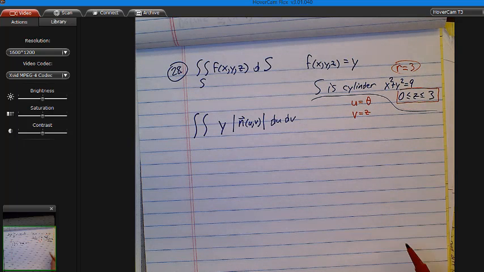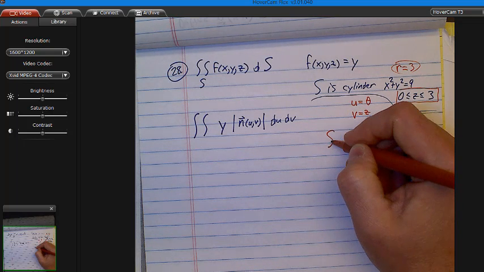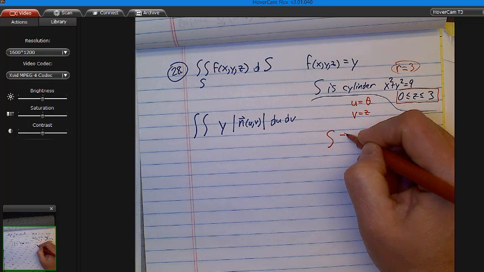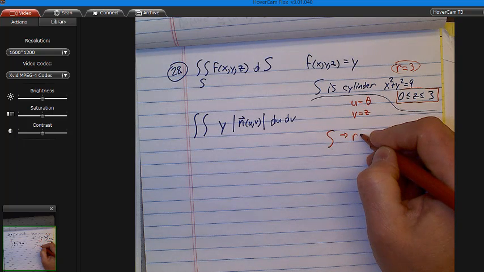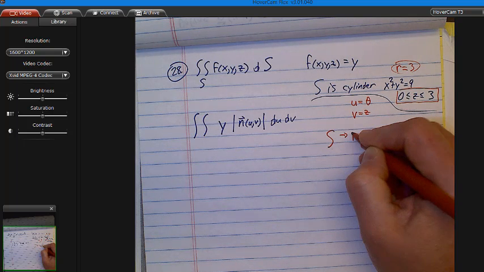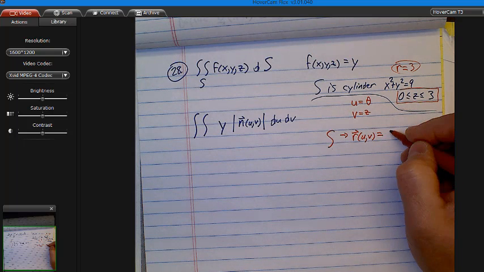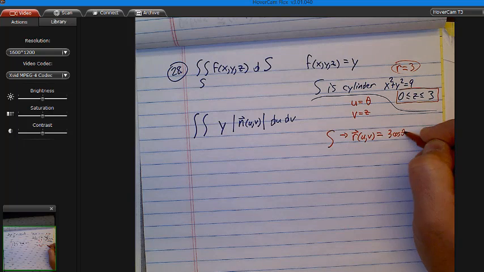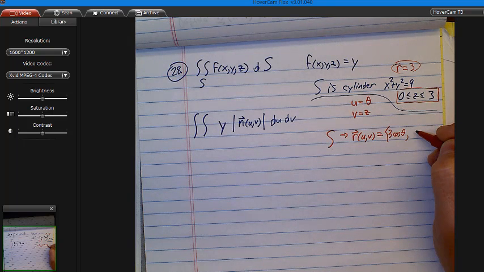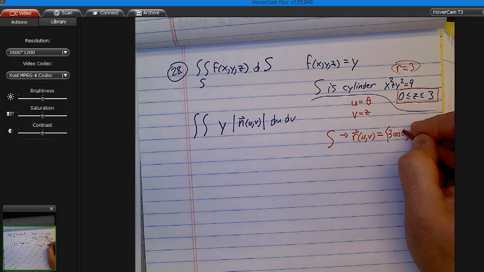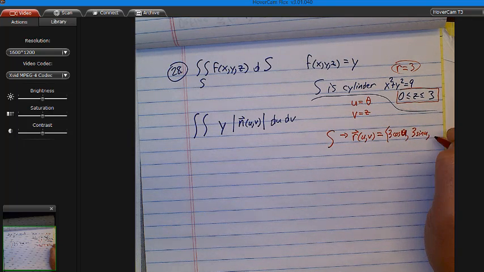So let's see if this makes sense to you or not. The parameterization of S we can describe in the following way. R of uv is equal to 3 cosine u, 3 sine u, and then I'll put v for my z.